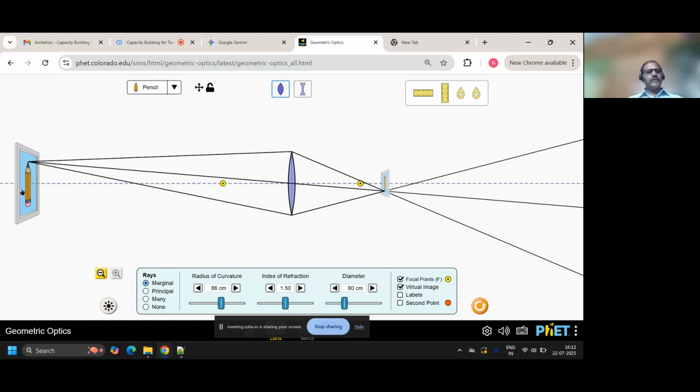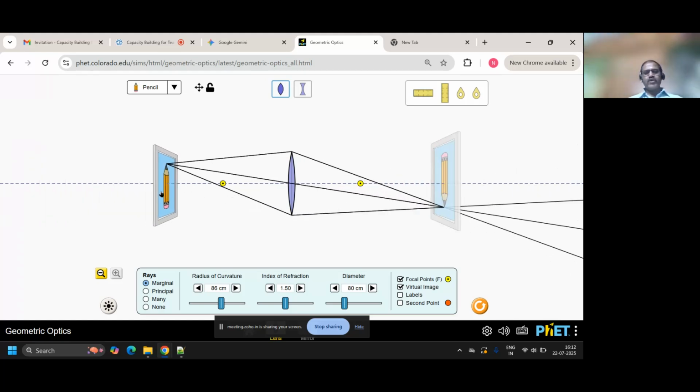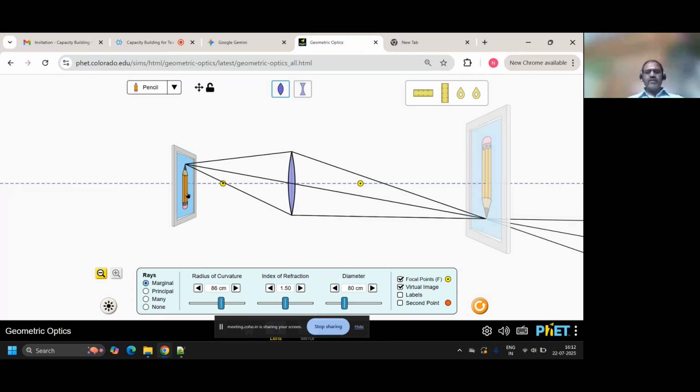Now, if the object comes closer to the lens, the image will move away from the lens. Again, I come there, the object comes closer, the image goes away, and the image gets bigger.